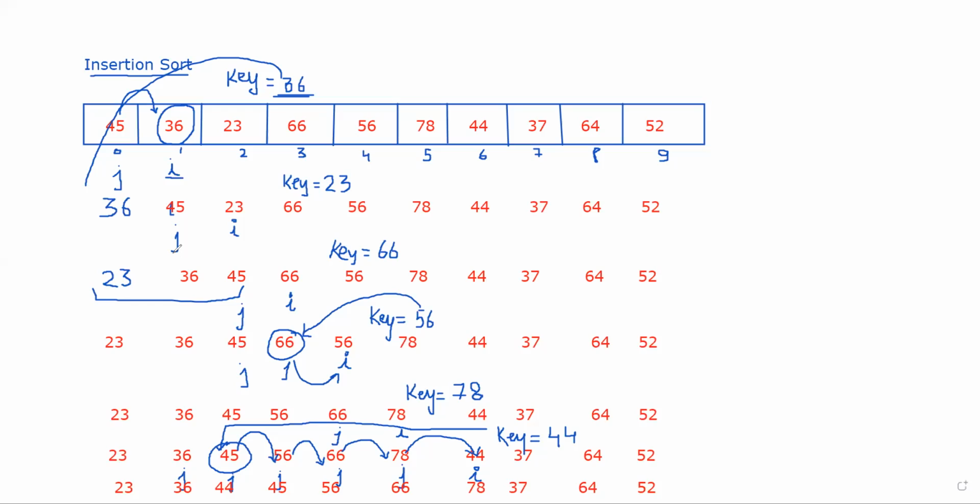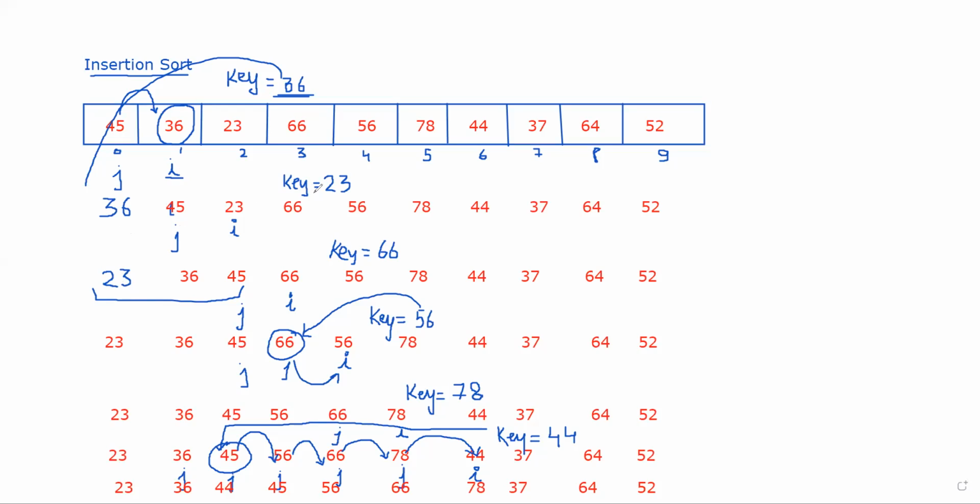Now there will be 2 conditions. The very first thing is till the time we are getting greater values, and another is till the time we are reaching the 0th position. For example, if you see this condition, here 45 was also greater, 36 was also greater. Now if your J comes at minus 1, then it is of no use. So till the time J is at 0, only then will we do the shifting.